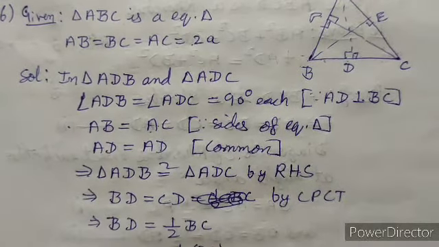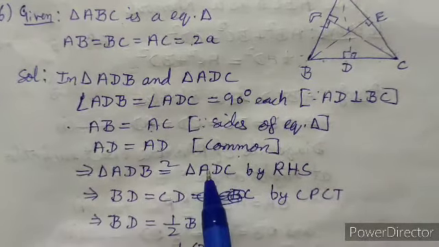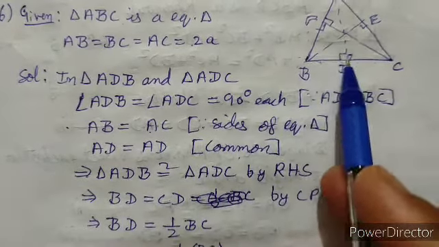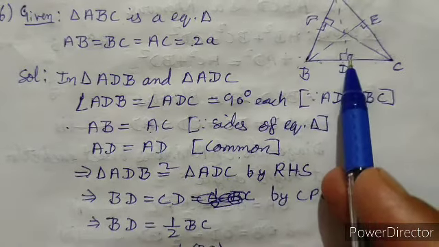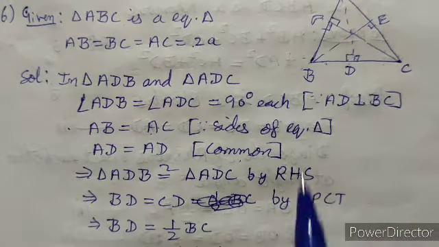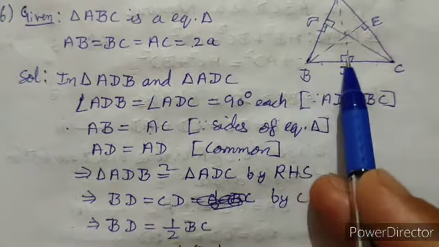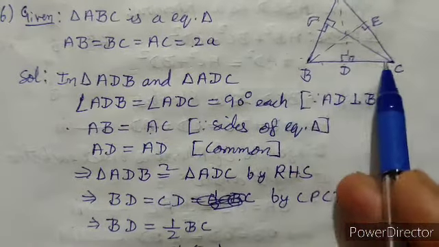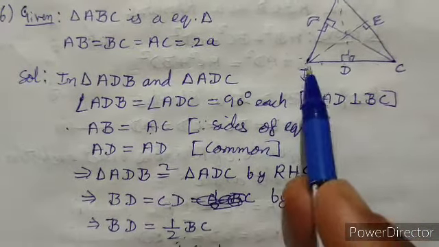Now, if triangles ADB and ADC are congruent, that means BD will be equal to CD, as corresponding parts of congruent triangles are equal. And from this we can say that BD will be equal to half of BC, as BD and CD are equal.